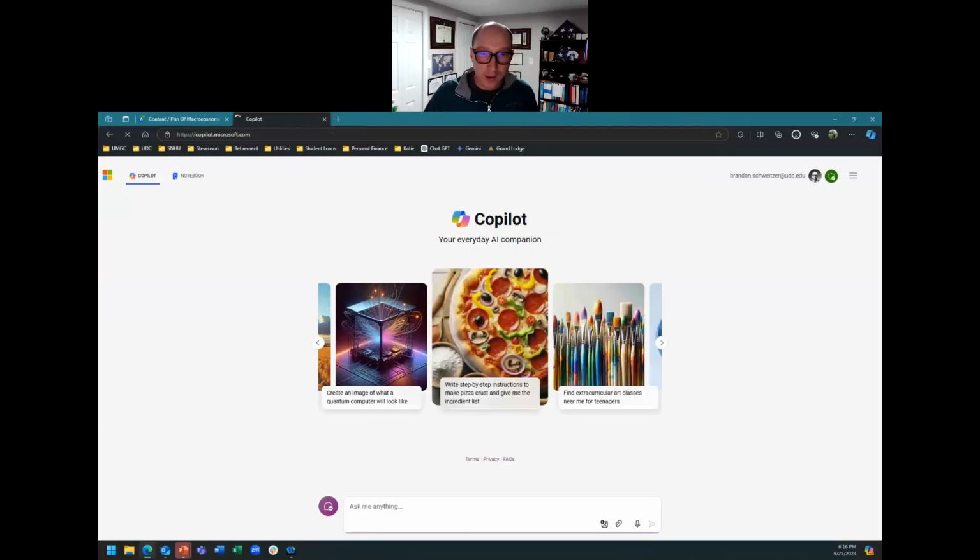we can ask Copilot, which is an artificial intelligence program, for a tax model.